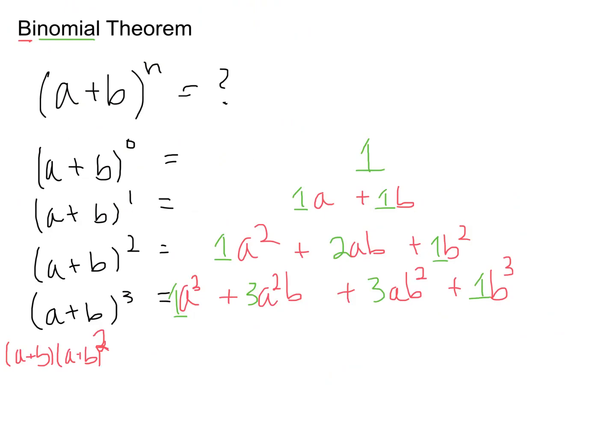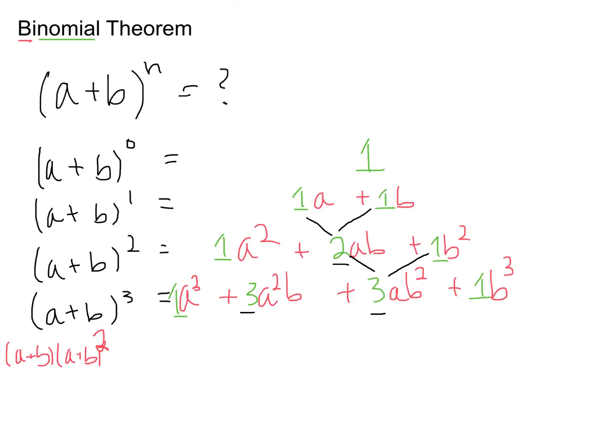Okay? And then what about the coefficients? Well, this might be a little harder to see, but let's take a look at this term here. Notice that the 2 is 1 plus 1. And notice that the 3 here is 2 plus 1.